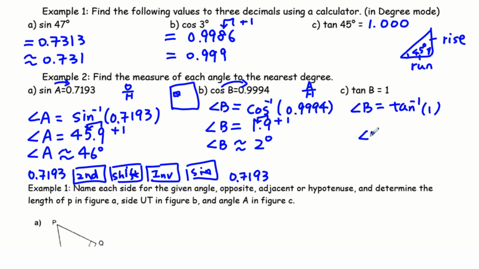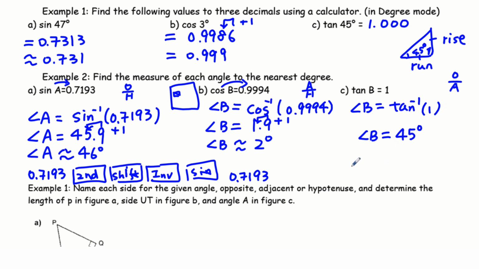So angle B equals 45 degrees. And again, if you want to see which way your calculator works, you use 1, tangent 1, inverse 1 to see if it's 45 degrees, because the ratio rise over run is 1, so opposite over adjacent is 1, then the tangent of 45 is 1. So you use inverse tan 1 to check.